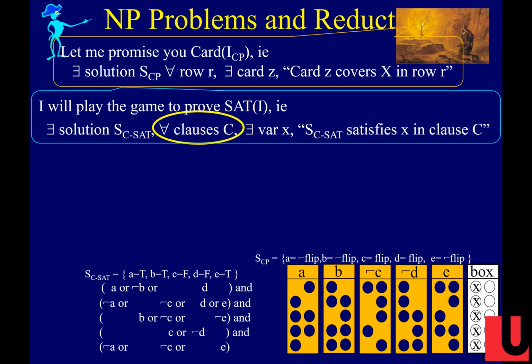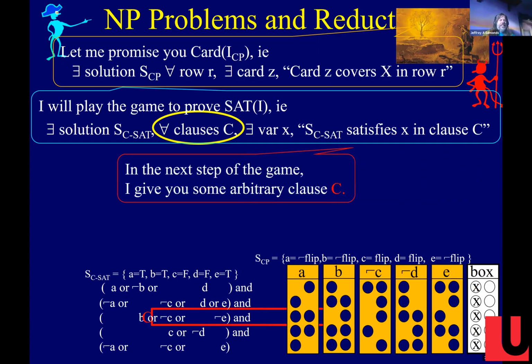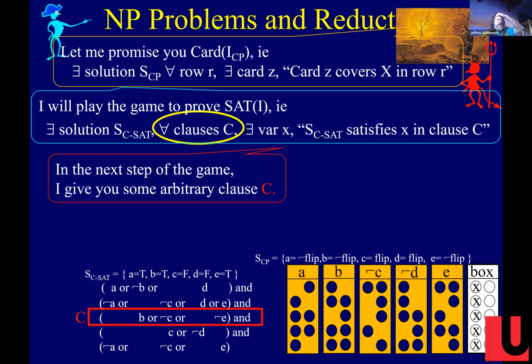Adversary, exactly. The adversary comes and tells me some clause. So this is the clause now that I care about. The adversary said, I care about that clause. All right, so what am I going to do now?